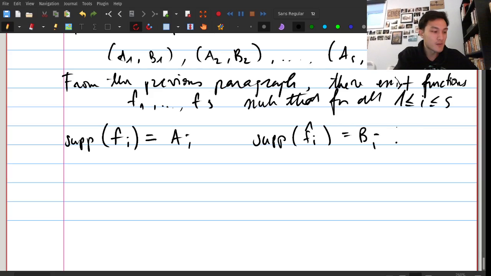Okay, so that's just applying what we already know in the case that A plus B is exactly p plus 1.